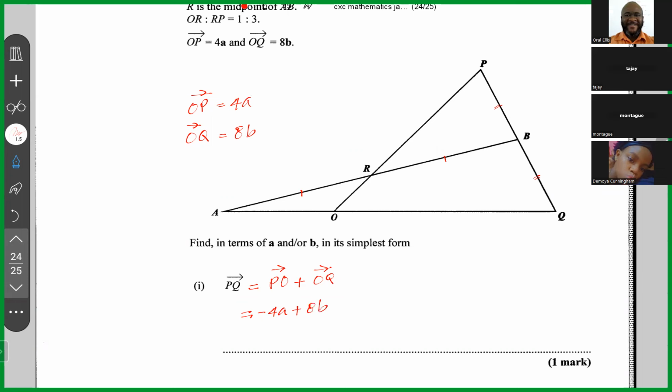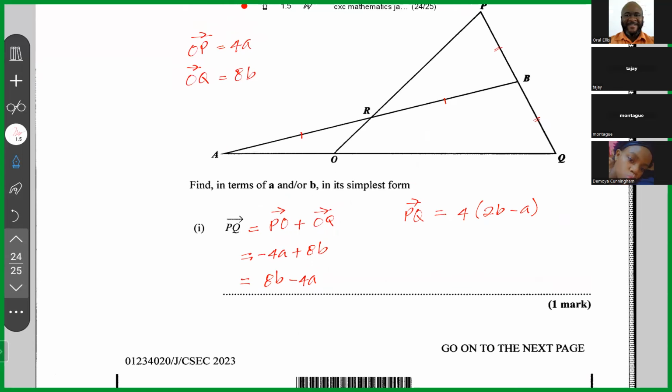I normally like to put the positive one first, so what I have is 8B minus 4A. Sometimes some people like to factorize, so let's put the factorized form of it as well. 4 is common. We have 2B minus A. So if OP is 4A, OQ is 8B, PQ would be 4 into 2B minus A. That's just for one mark.